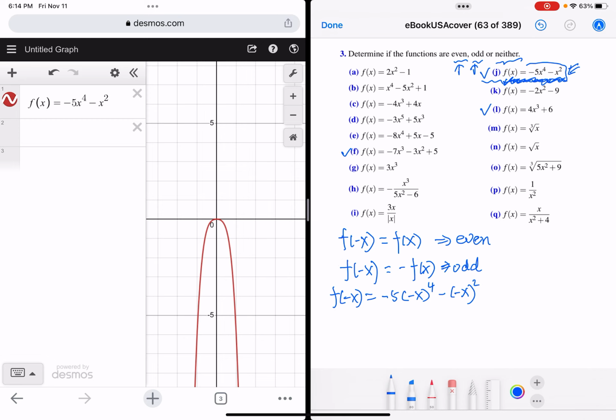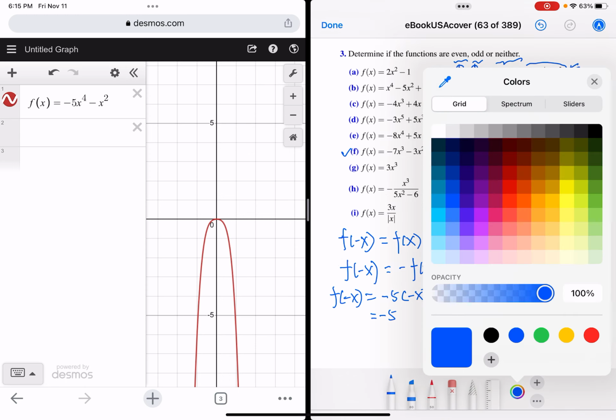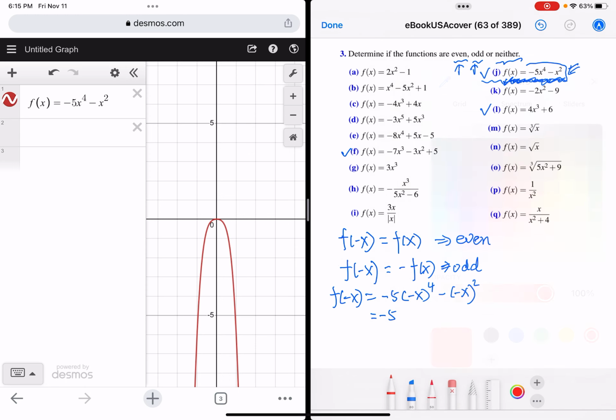Now, negative x to the fourth, that's negative x multiplied by itself 4 times. Then we shall have a what? Positive. Here, this one. Let me change the color to red.